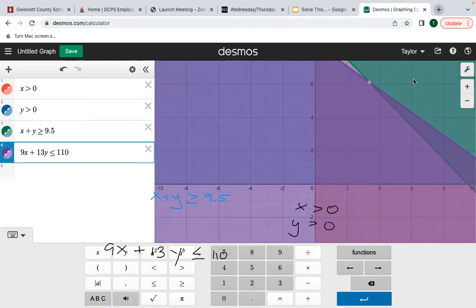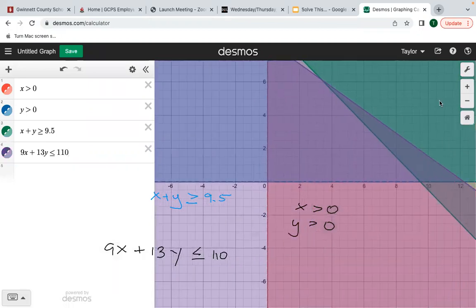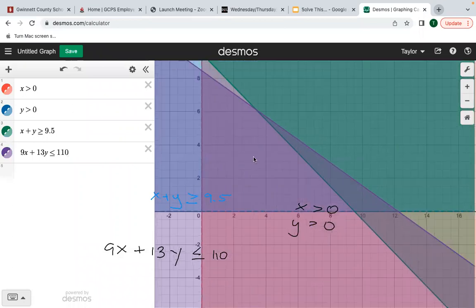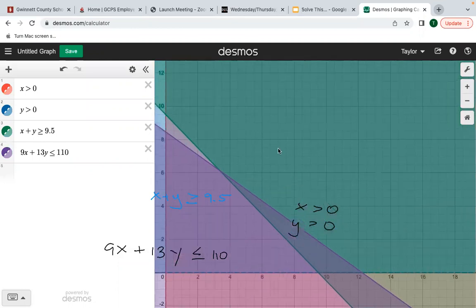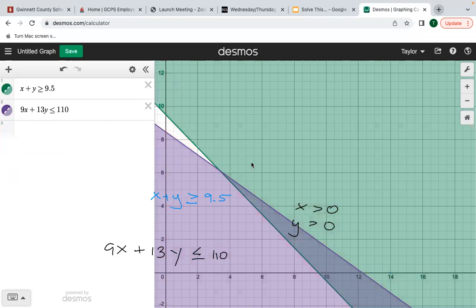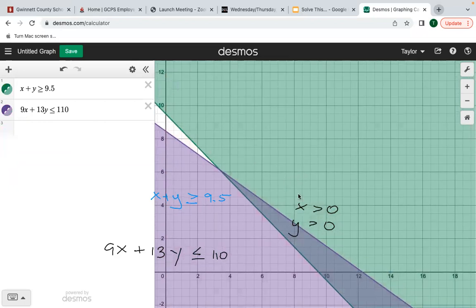So we've got a mess over here, right? What we're going to do is just take off this y is greater than 0 and x is greater than 0, because we know that if it's greater than 0, we're only looking at this quadrant. So we're just going to take those 2 things off so we can actually see what's going on.